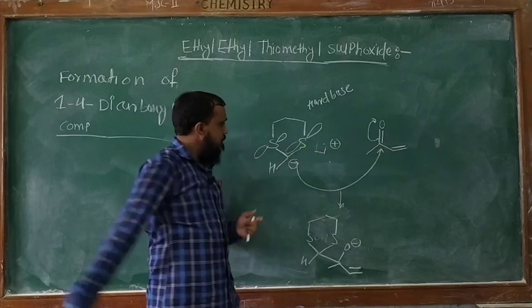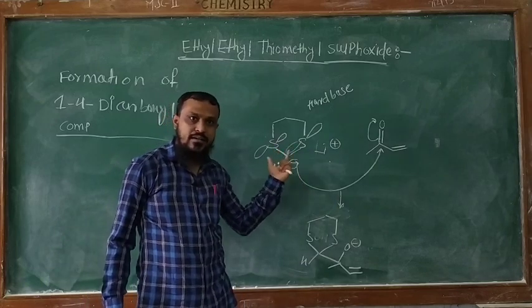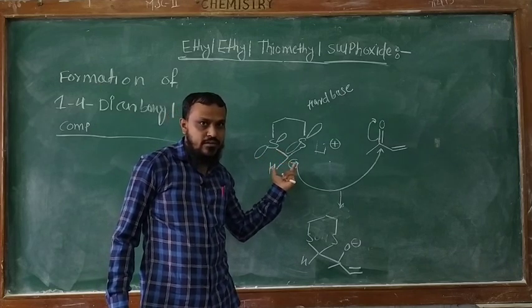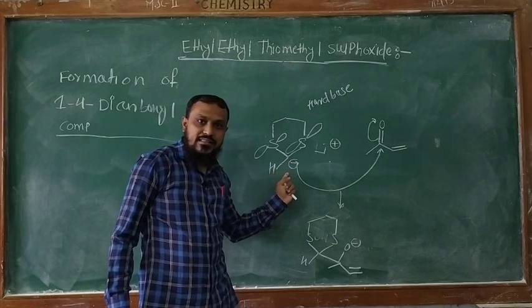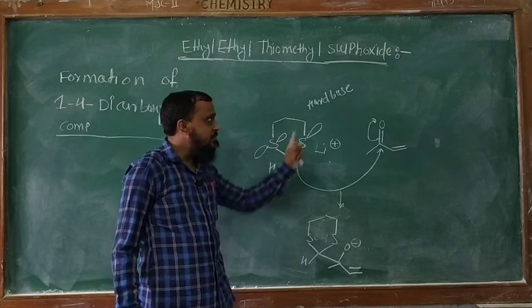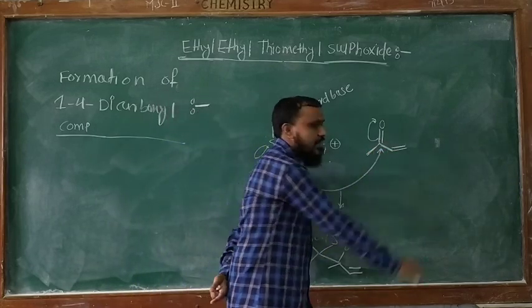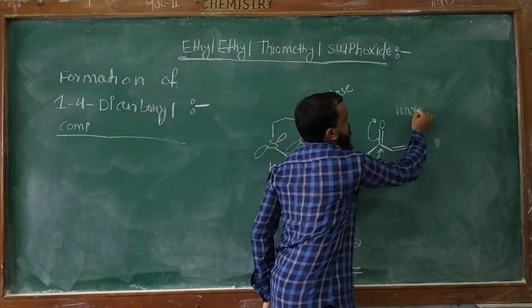Here a vacant d orbital is present on the sulfur atom and a negative electronic cloud is present on it, due to which the dithiene lithiated salt acts as a hard base. Okay, and the alpha beta unsaturated carbonyl system acts as a hard acid.